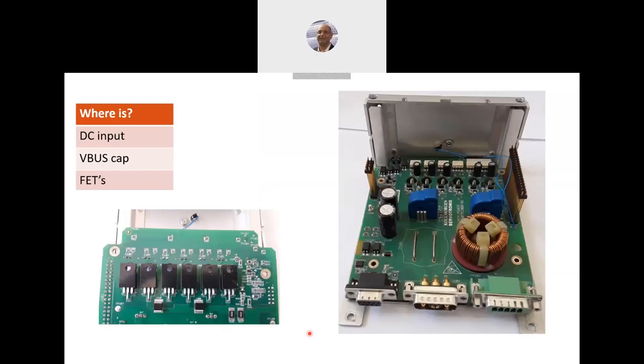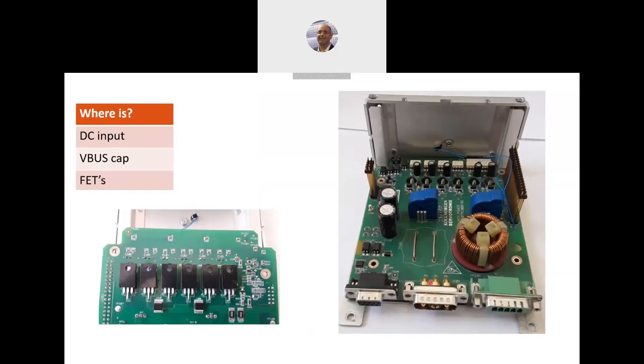Okay, now we look at another servo drive, another industrial example, which I'm very proud of. I was part of this project. In this case, we use FET. So the DC input, it's here.